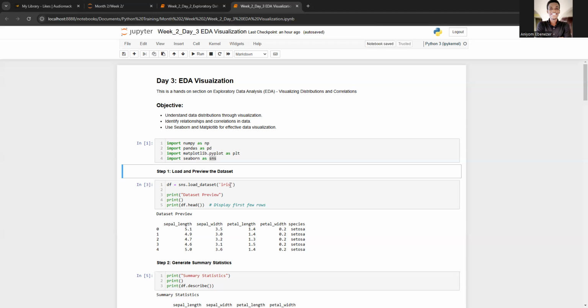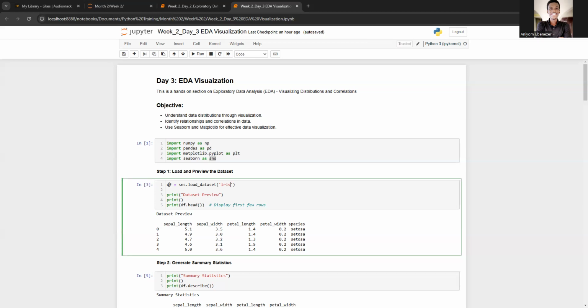Iris is a plant, and we're going to look at the data that helps us know the class of iris plants we're looking at, with respect to features such as sepal length, sepal width, and petal length and width. With that, we'll be able to identify the species of that particular iris plant.